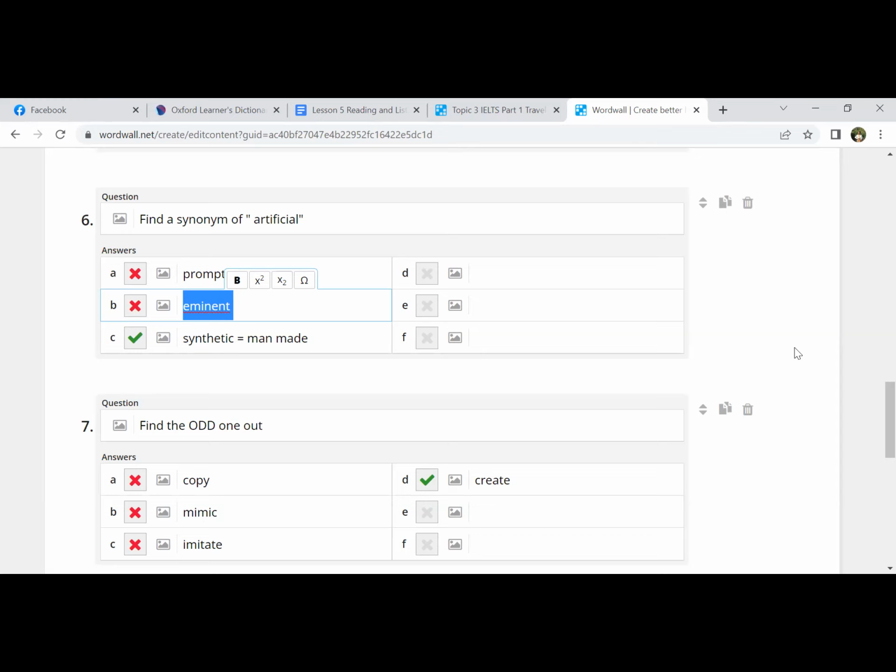We have the word eminent. What does it mean? I don't know the meaning, so the synonym for eminent, I guess, famous or respected people.